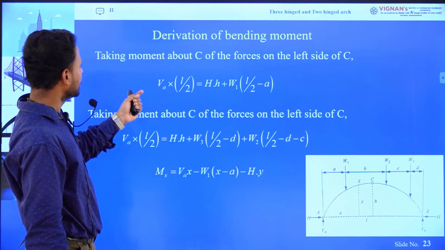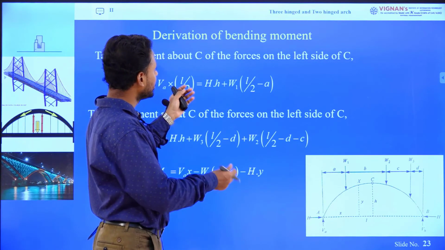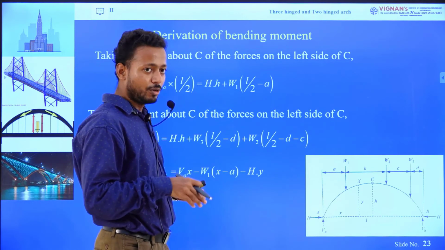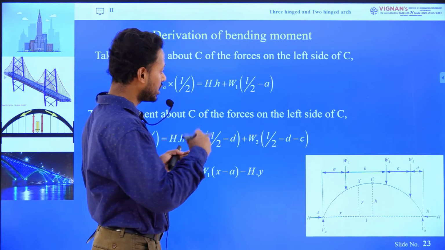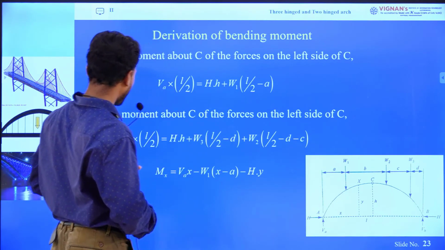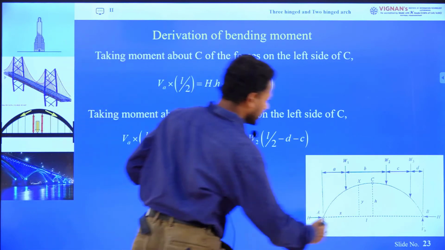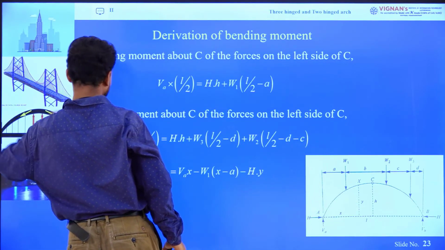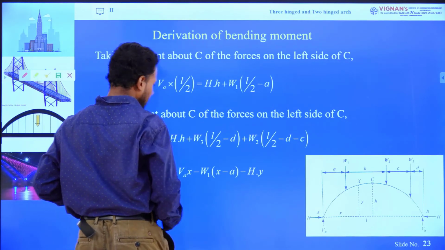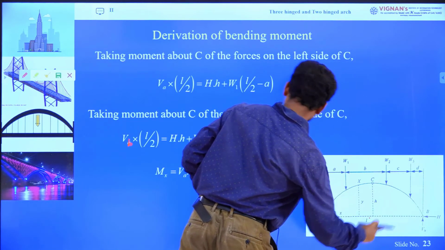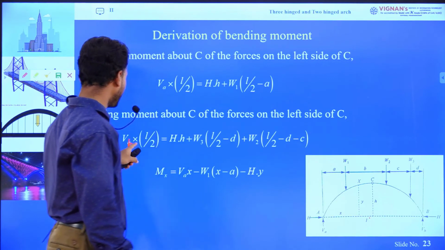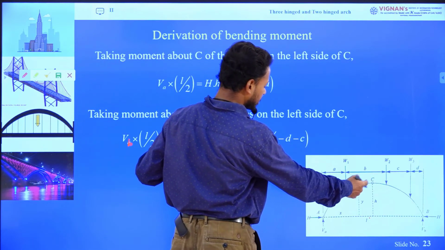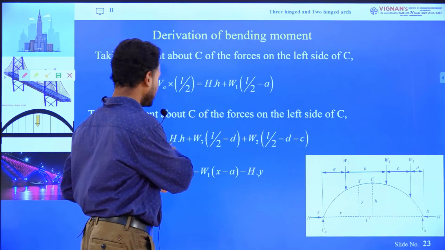So we have taken the bending moment about C on the left side of C. Now we will take the bending moment about C on the right side of C. What will we have? Let's see. This is VB, so VB into L by 2 equals, the remaining forces are opposite, so we have to write them on the right hand side.